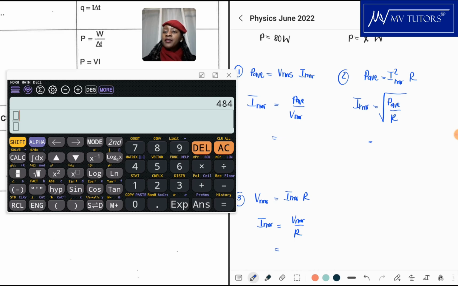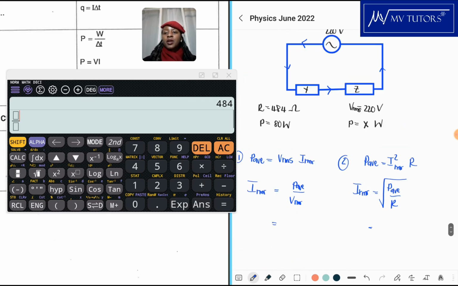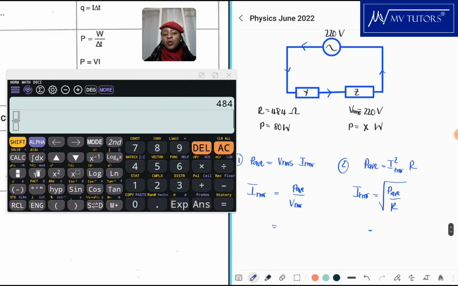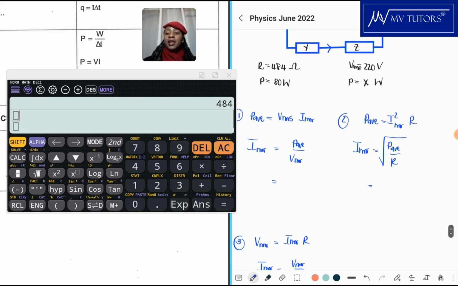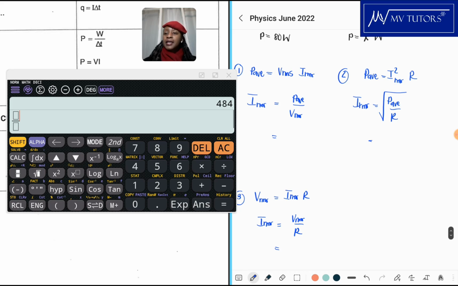Listen, we are calculating the current because we have more information from resistor Y, so be careful of that. We are looking at resistor Y as we calculate this. The average power there is 80, reduced from 100, and the voltage, let's say it's 220. So we get a current of 0.36 amperes.